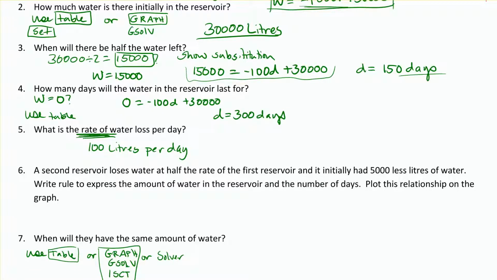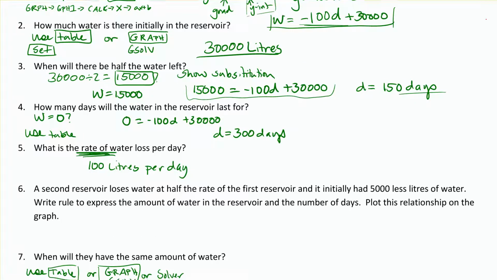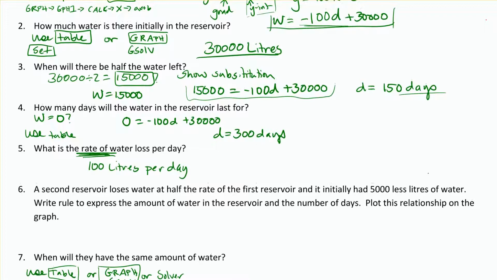To write the equation for the second reservoir, again, this is going to be tricky for us. Probably the only way to do it is without the calculator. So we have to just pay attention to this idea here, like we did the first time I went through this, that it's got half the rate, so its gradient will be equal to negative 100 divided by 2, which is negative 50.